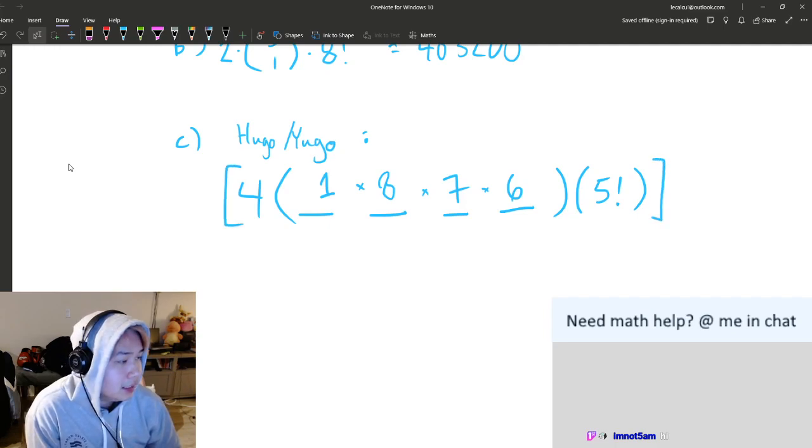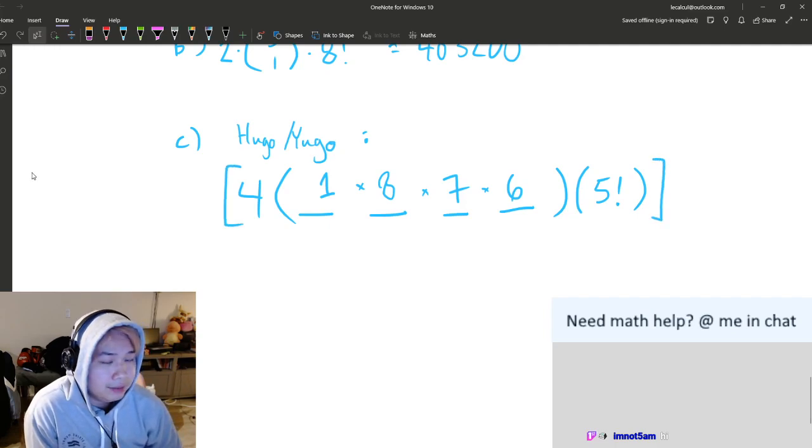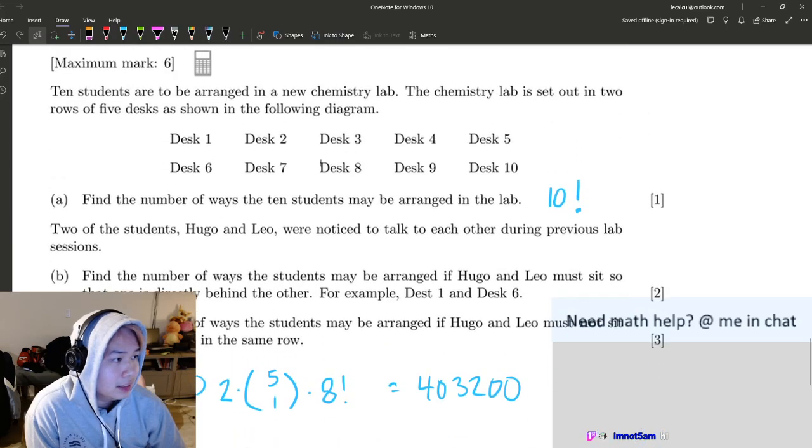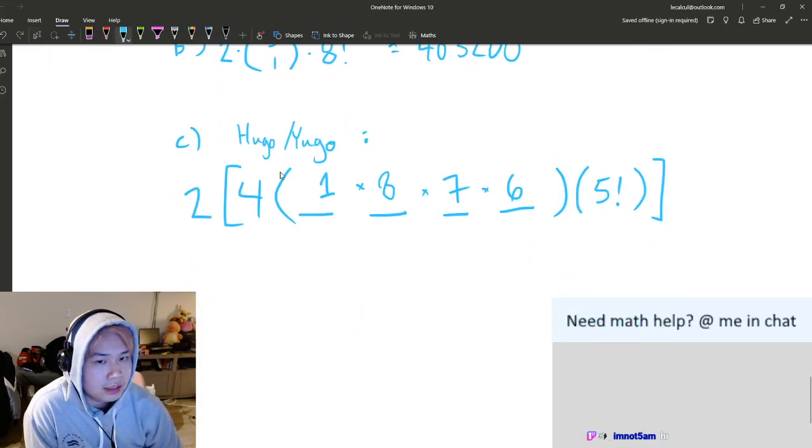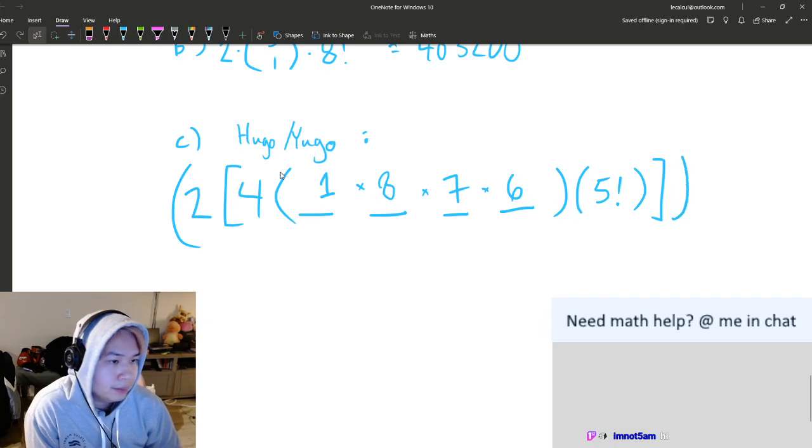Okay, so that is the front row. Then we need to multiply this by 2 again, because Hugo and Hugo can sit in the back row. So then this is doubled. And then I think you need to multiply by another 2, because again, Hugo and Hugo can switch places. We don't know who sits to the left or to the right of one another.